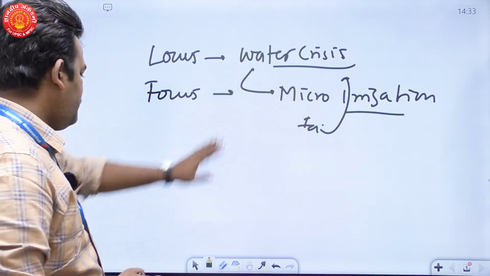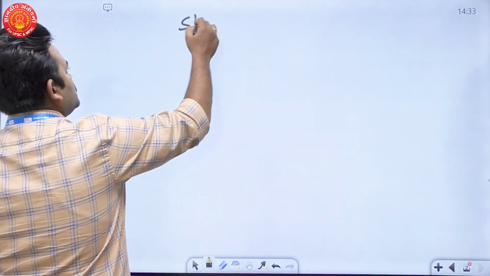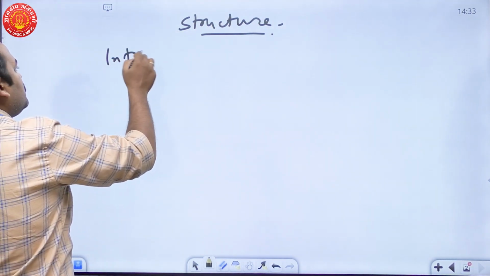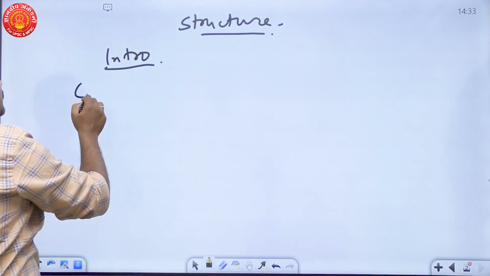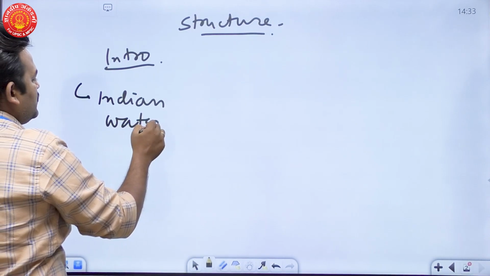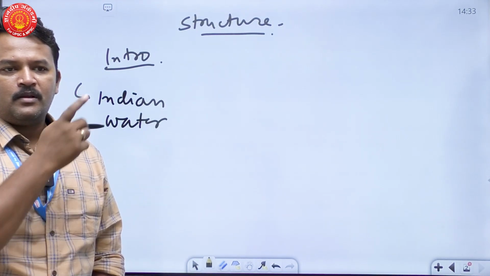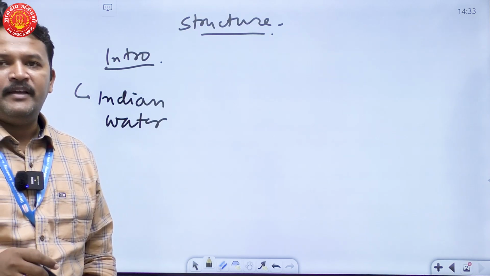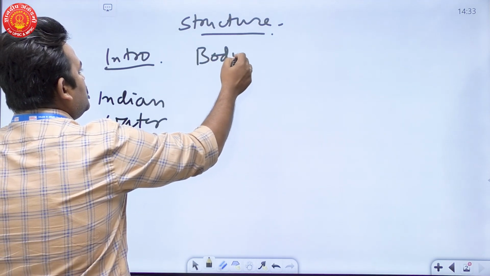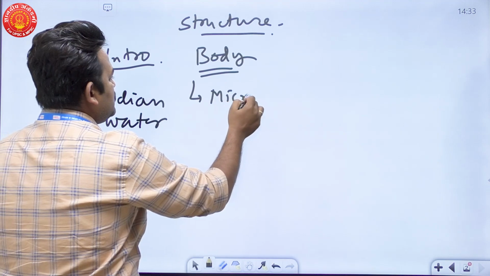When we move towards the structure of this question, in the introduction we have to write something about India's water crisis, along with some data. In the body, we have to focus on micro irrigation.